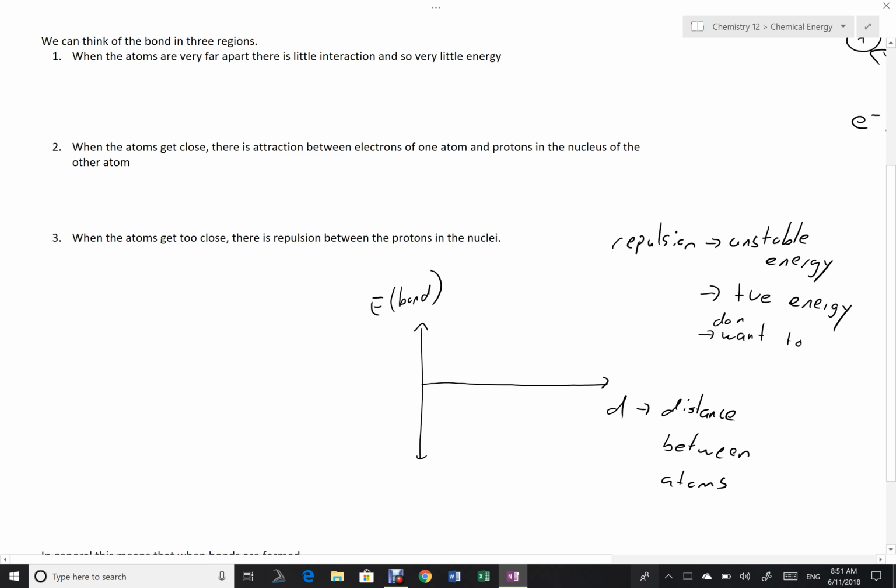Alternatively, negative energy is associated with attraction. That's stable. The atoms want to stay together. This is considered a negative energy situation.